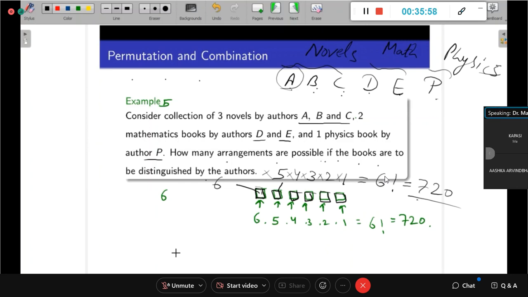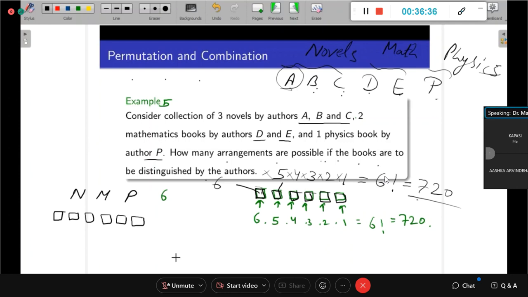Now, there are three subjects, right? Novels, maths, and physics. You are not distinguishing by the authors, you are distinguishing by the subjects. Now you have six places, 1, 2, 3, 4, 5, and 6. Let's take a particular case: first novel, then math, then physics.